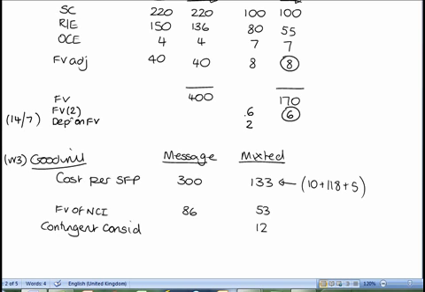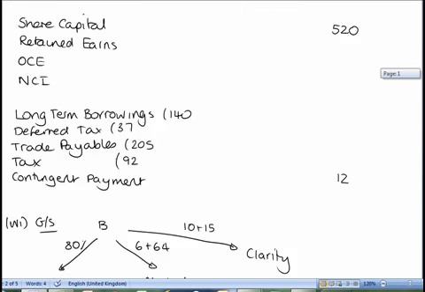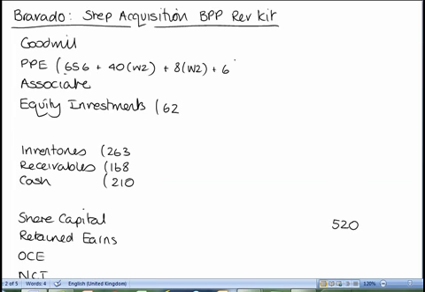So 14 divided by 7 means we're going to reduce profits by 2 because we're going to charge extra depreciation on the fair value adjustment. And we're also going to adjust PPE by 2 as well.